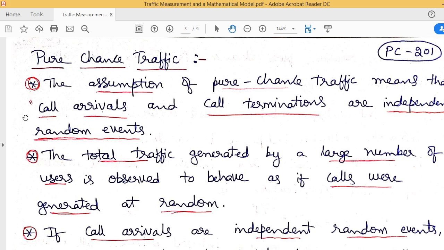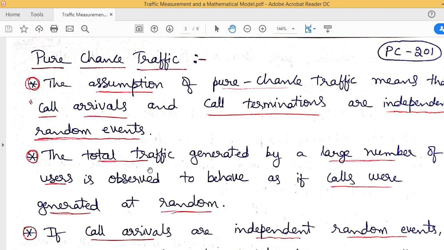The assumption of pure chance traffic means that call arrivals and call terminations are independent random events. The total traffic generated by a large number of users is observed to behave as if calls were generated at random.